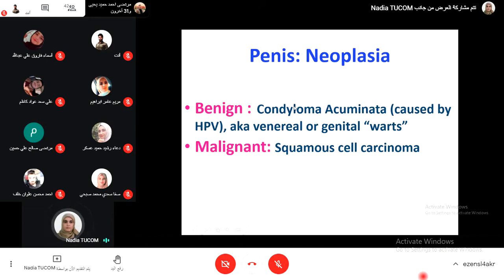Stratified squamous epithelium. It can be affected by condyloma acuminatum, which is caused by human papillomavirus, also called venereal wart.